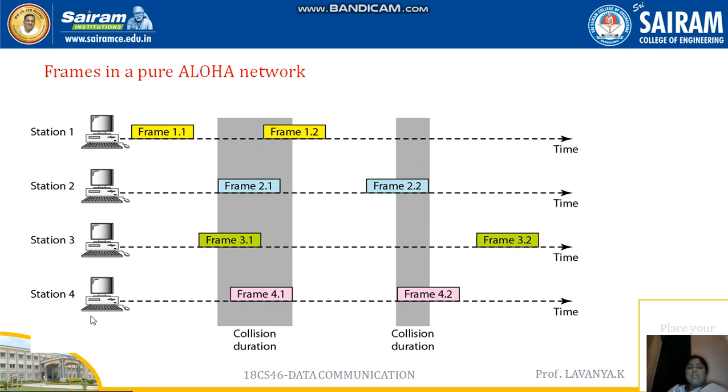Each station has the capacity to send 8 frames, or 8 units of information, in one channel at a time to the destination.